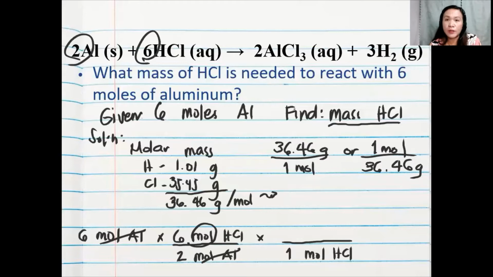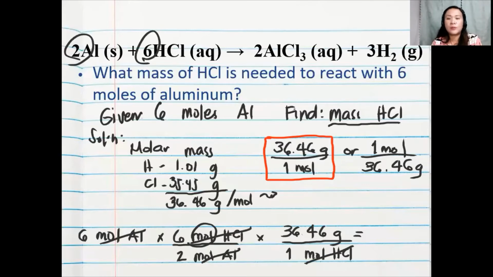So what do we need to use now for our conversion unit? We need to use this one. Okay? And so what do we do now? We just write 36.46 grams. So we have here mole and mole here, that will now cancel.